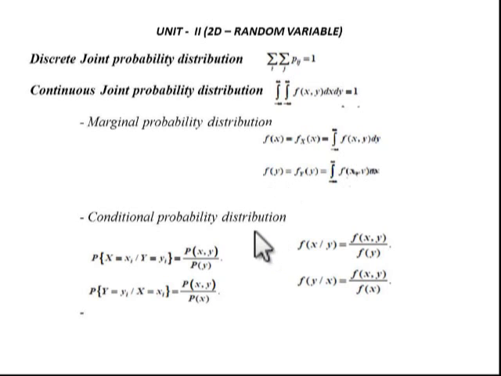Then we have the conditional probability distribution. This is the case with discrete, and for the continuous case it is defined as the conditional density function of x given y, and of y given x.